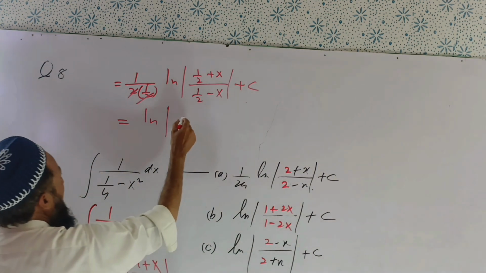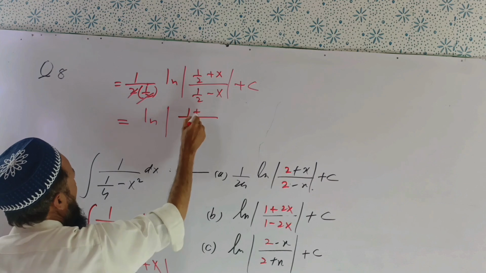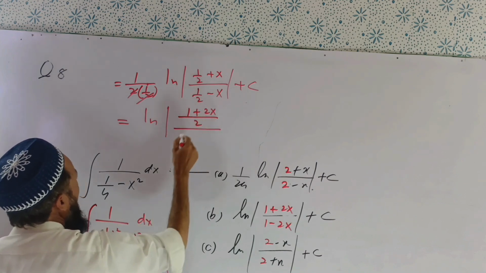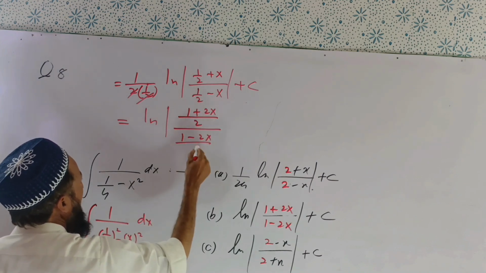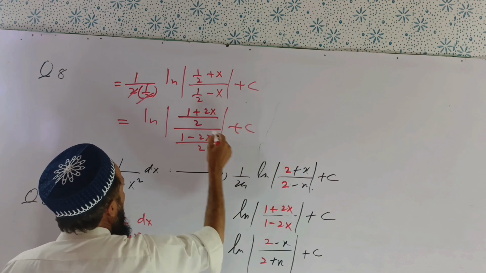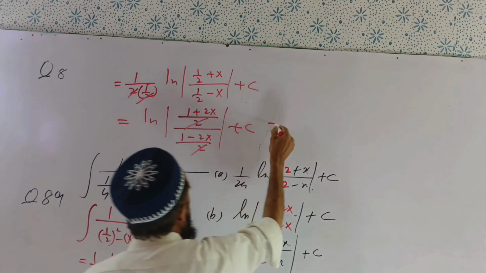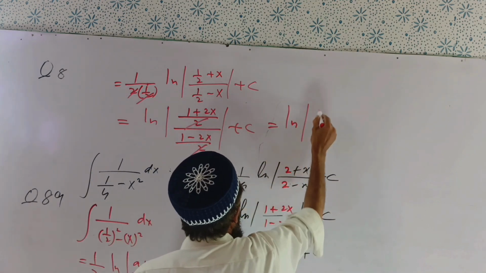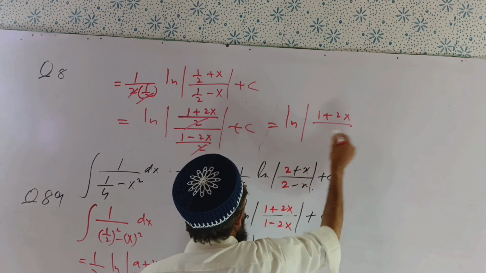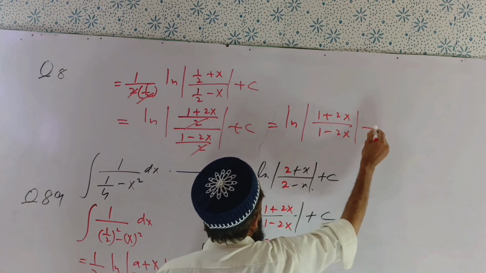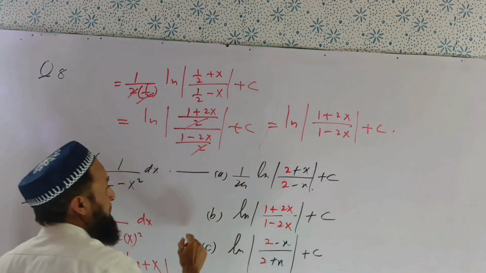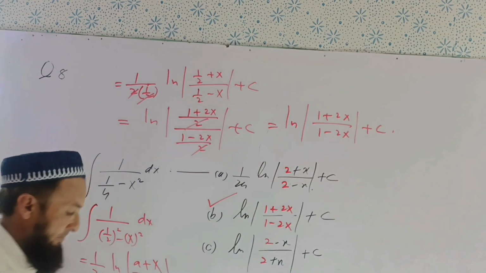So if we take the LCM, 2 is the LCM, 1 plus 2x divided by 1 minus 2x, divided by 2 plus c. Here the 2s are cancelled, we get the answer log of (1 plus 2x) divided by (1 minus 2x) plus c, where B is the correct option.